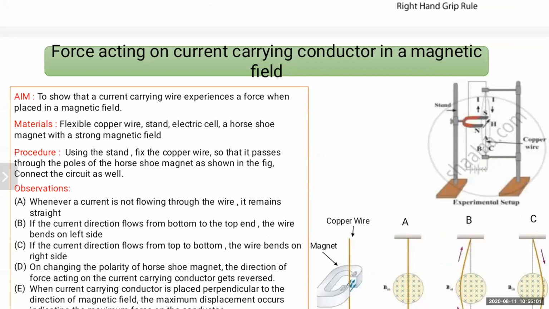In the previous lecture, you had seen the deflection of the needle. So deflection of the needle means the magnetic field created by the conductor exerts some force.